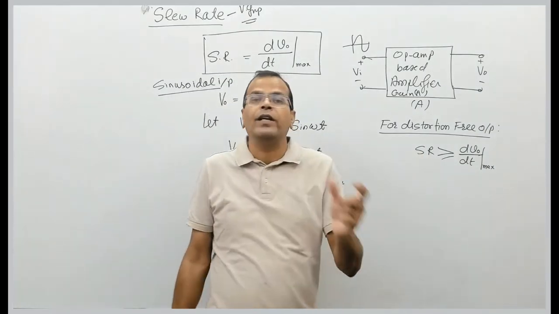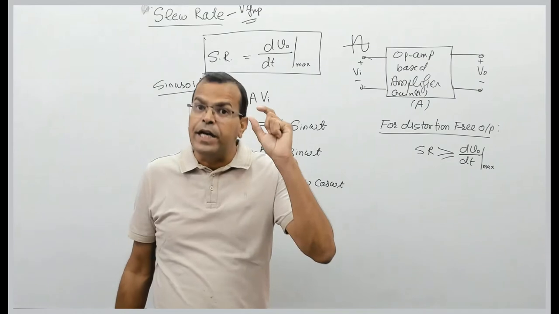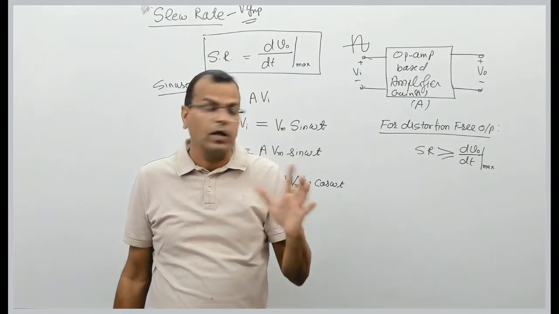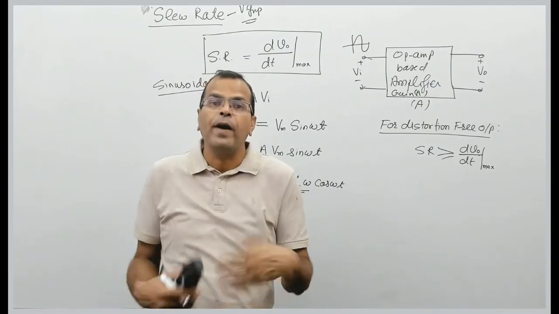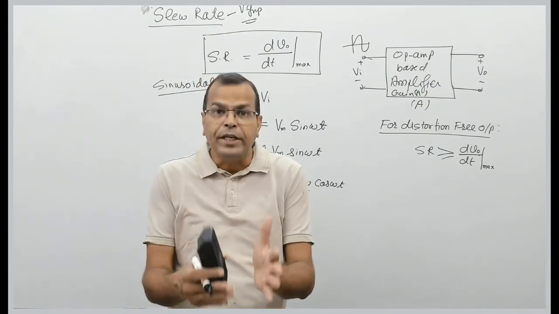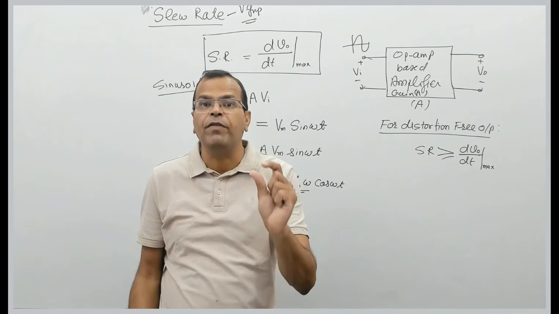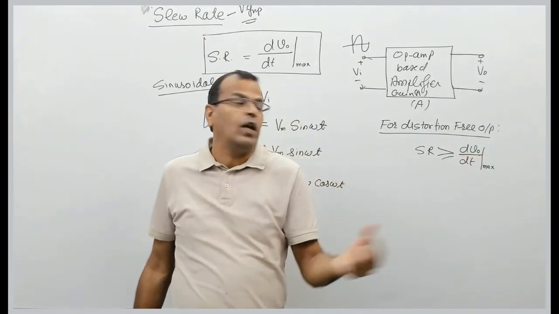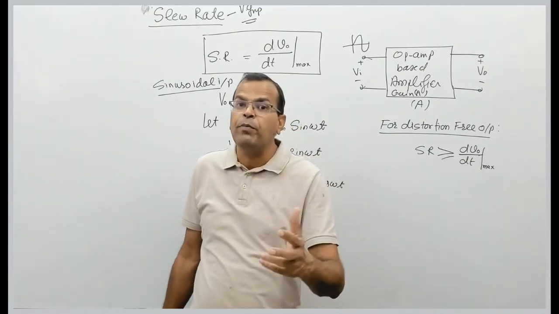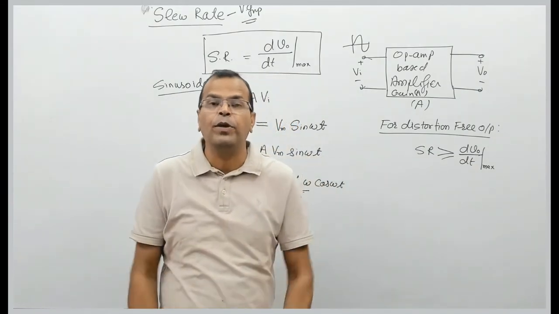What is the slew rate? Slew rate is given in the data sheet of any op-amp. This is a fixed parameter of the op-amp, supplied to you with the data sheet of any operational amplifier IC. But the rate of change of output will depend upon the actual input signal given to the operational amplifier.